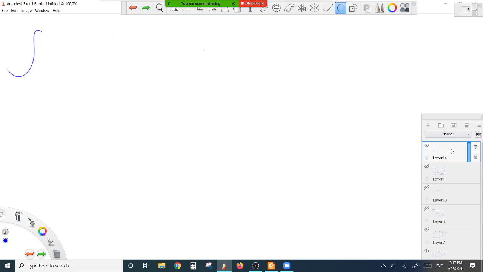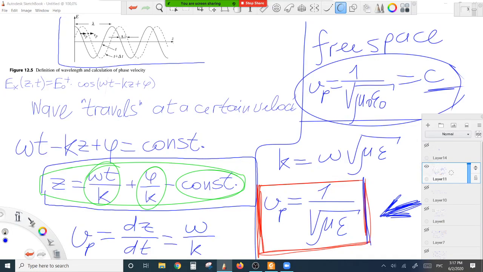As the wave propagates, look here: the distance between two successive crests, or the distance between two successive maximums of the wave, depends both on the frequency of the wave and its phase velocity.